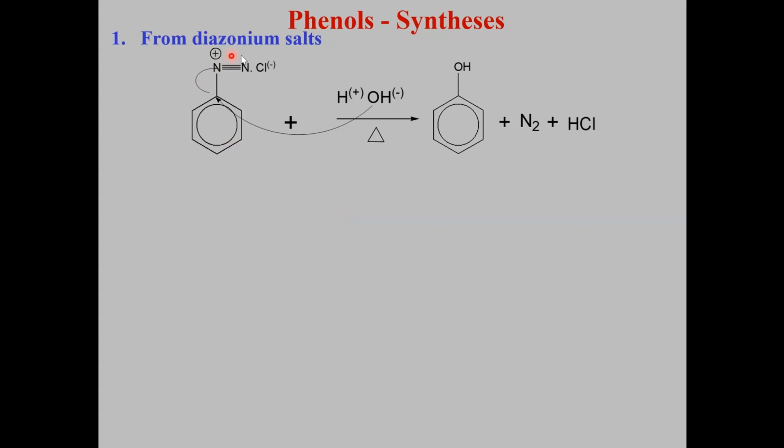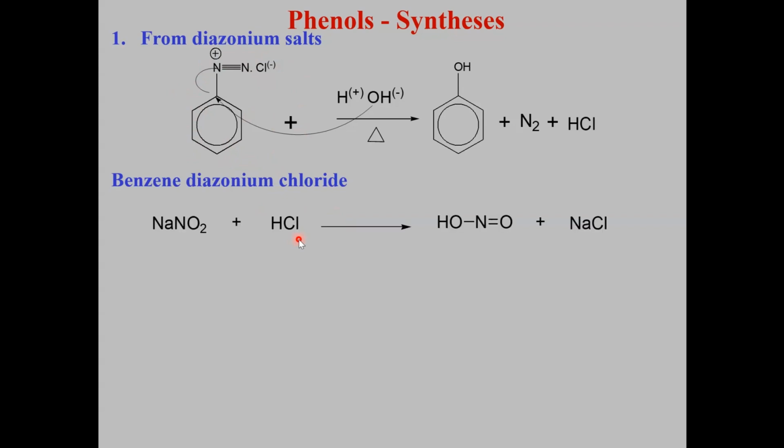Now, how will I prepare this benzene diazonium chloride? Benzene diazonium chloride can be prepared by the diazotization reaction. What is diazotization? Here, I'll take sodium nitrite and treat it with HCl at 0 to 5 degrees centigrade.